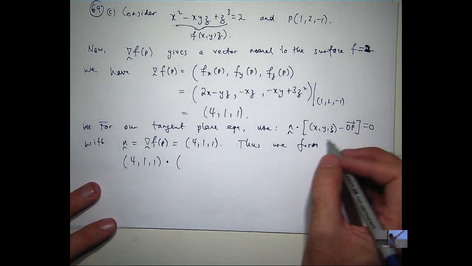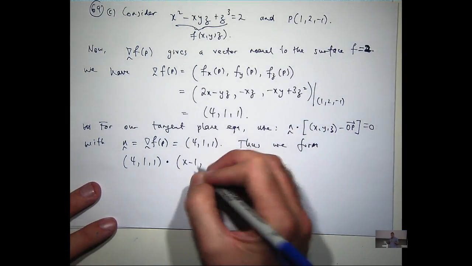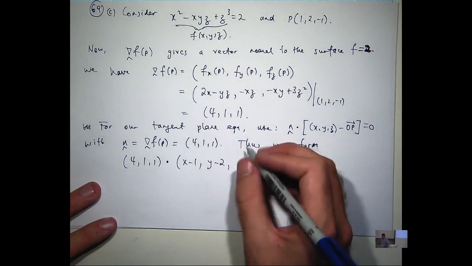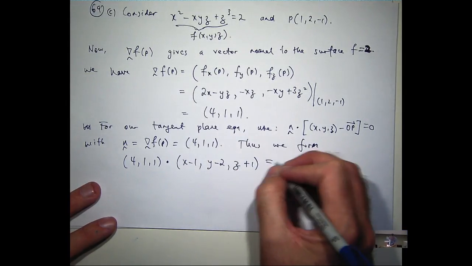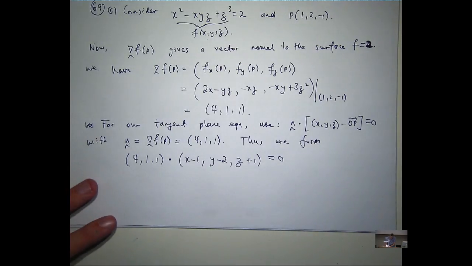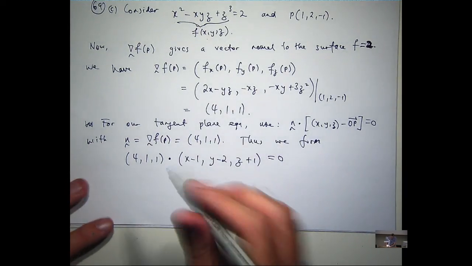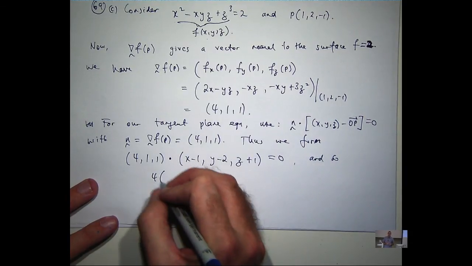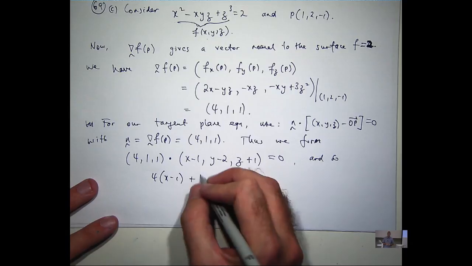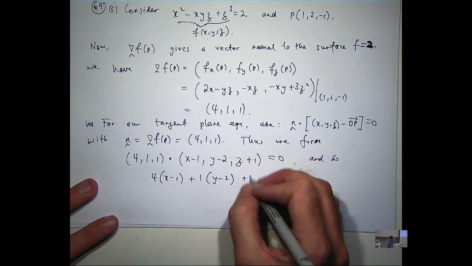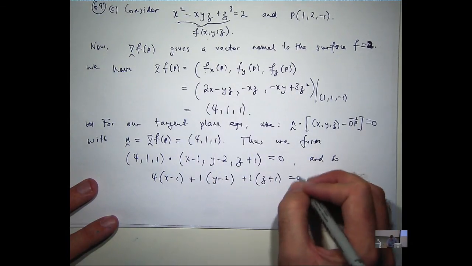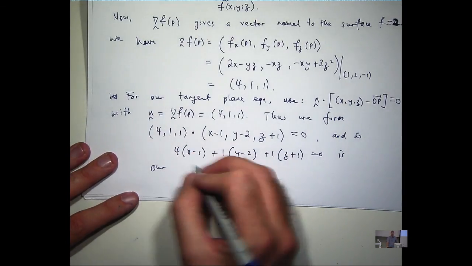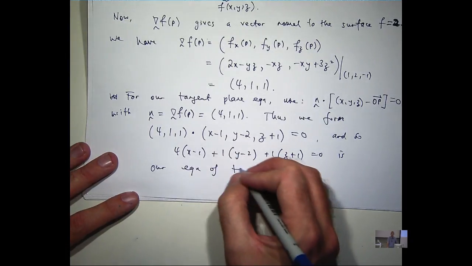It's going to be x minus 1, y minus 2, and z plus 1 equals 0. So now I can just expand that out using the dot product. This is our equation of our tangent plane.